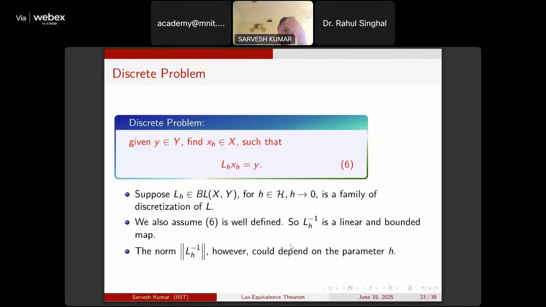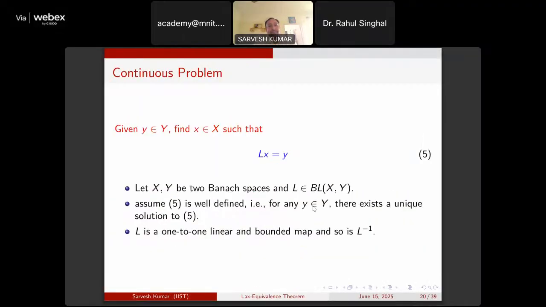So now let's go to our discrete problem. Let me recall the continuous problem. Given y in a Banach space Y, I want to find x such that Lx equals y, where L is a bounded linear operator.